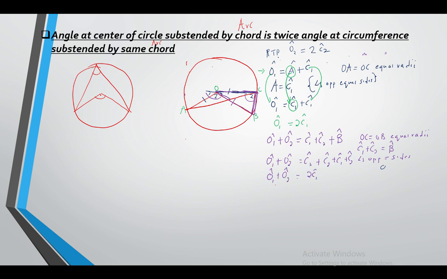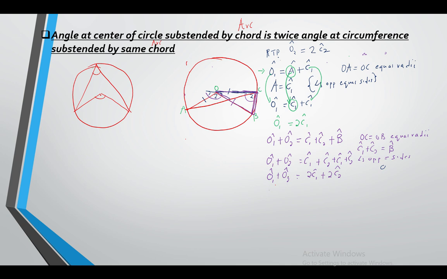When you add C1 plus C1, you get 2C1, and the same for C2. So angle O1 plus O2 is 2C1 plus 2C2.